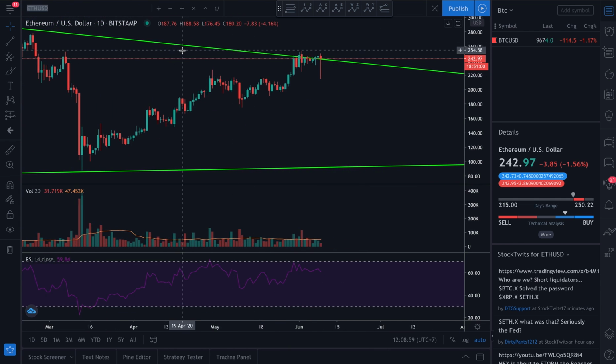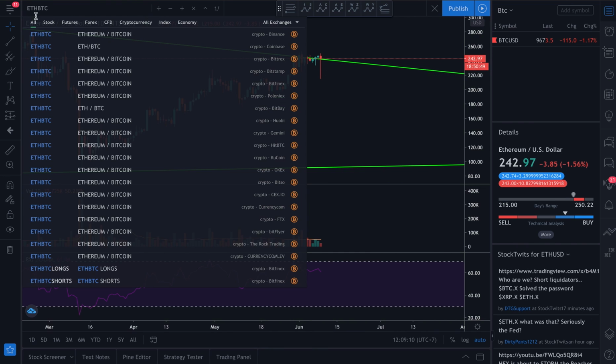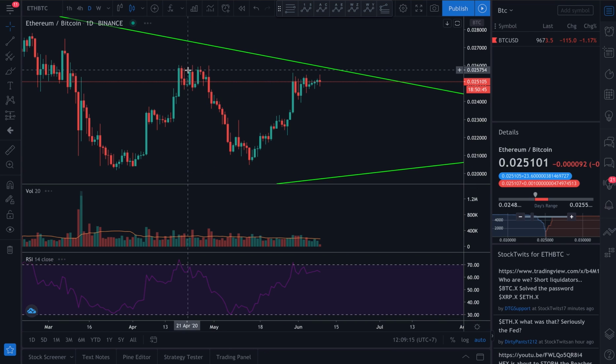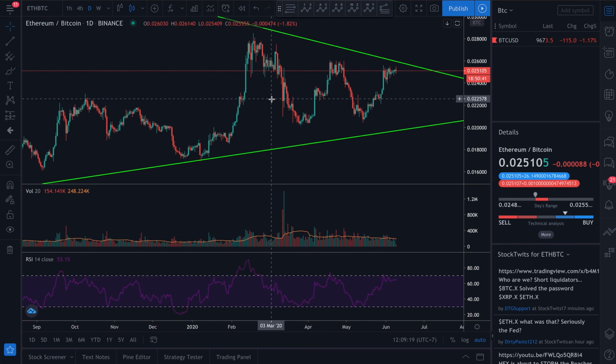Alright, but here's the biggest gimmick that I'm using with TradingView, and it's this. Instead of comparing Ethereum to USD or Bitcoin to USD, what I typically want to do is also compare Ethereum to Bitcoin, because now I see the differences between these two assets in one chart.